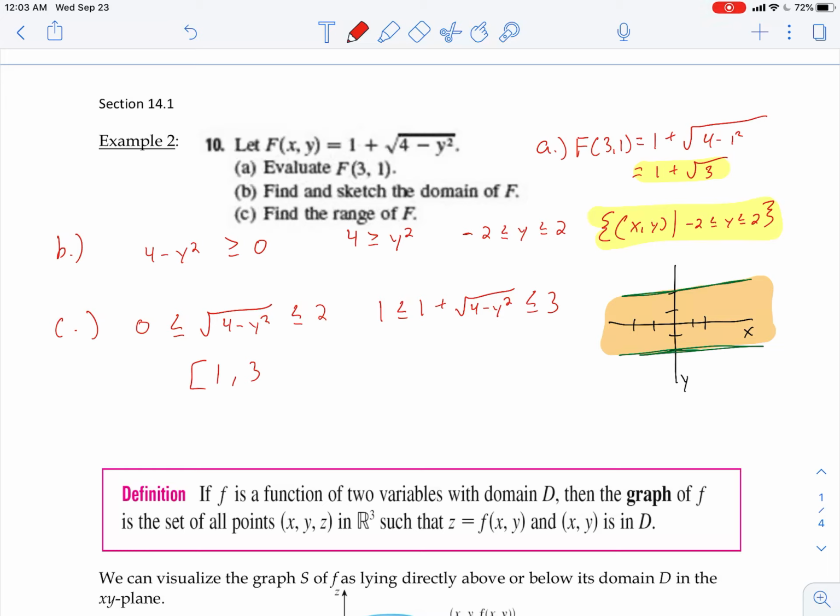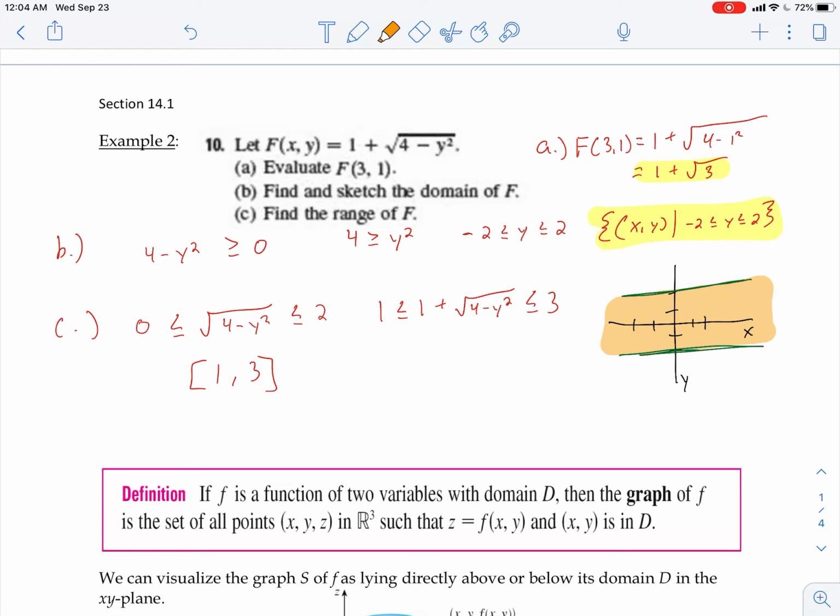And again, if you have questions on how I know I'm going from 0 to 2, just think of the largest and smallest values you can be for y. The largest value we can be for y is 2. So 2 squared minus 4 is going to give me 0. So that's why I have 0. And if I chose -2, I'd get back 0.